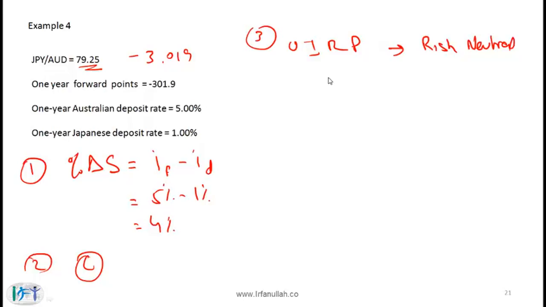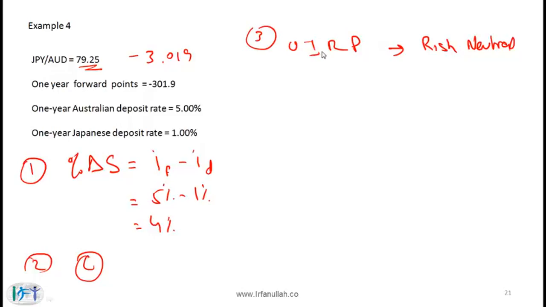Then question 4, forecasting that the Japanese yen to Australian dollar spot rate 1 year from now will equal 79.25 assumes what? Now, if we are assuming that over the next 1 year the spot rate will remain the same, then obviously we are not assuming that uncovered interest rate parity holds.